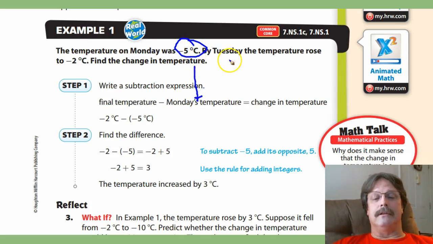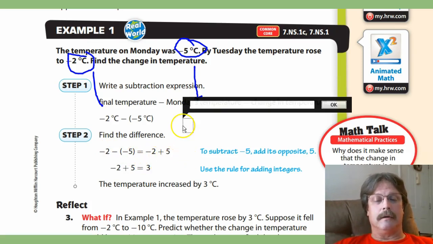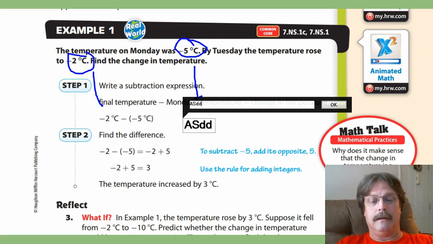Okay. By Tuesday, the temperature rose negative 2 degrees. So that's going to be the final temperature. So this is our final temperature here. And then we're going to find the difference. So we have negative 2 minus negative 5. So we write that as our additive inverse.